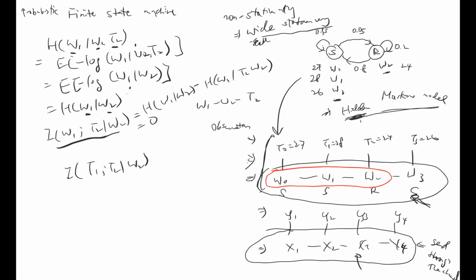We can extend this Markov chain. For example, I can have a Markov chain W0, W1, W2, W3, W4, W5. Generally, what it means when I write something like that is that, given this variable here, any variables on either side will be conditionally independent.